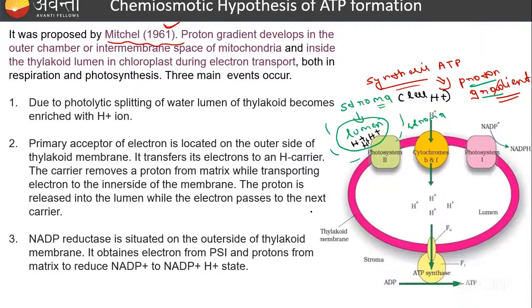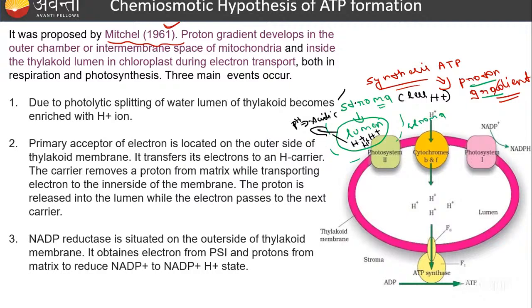Now you tell me, guys, which has the acidic pH, the lumen or the stroma? Can anyone think whether the stroma or the lumen is more acidic? Where more protons are there, the pH is more acidic.